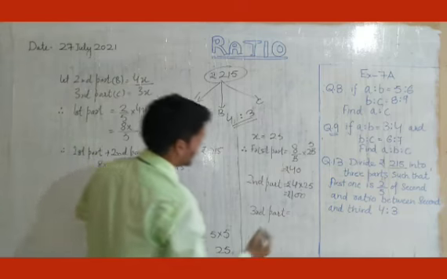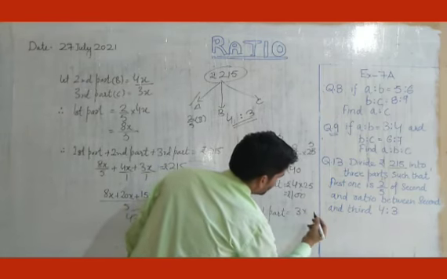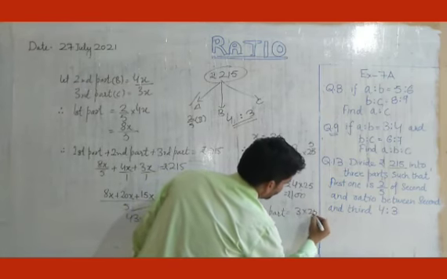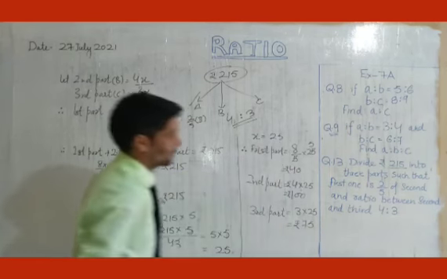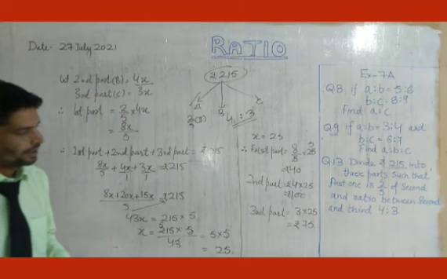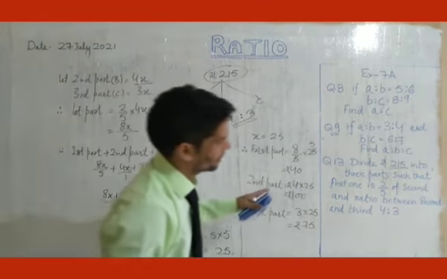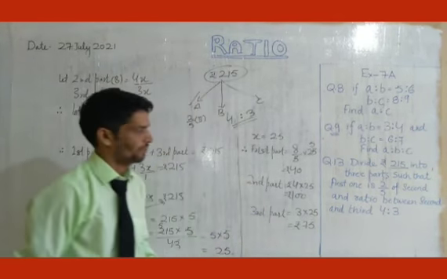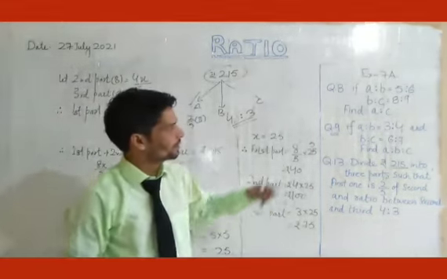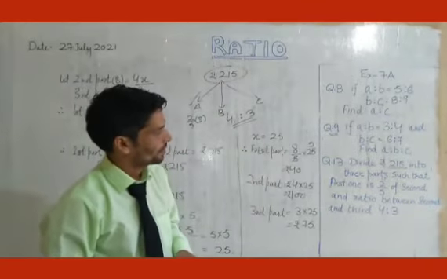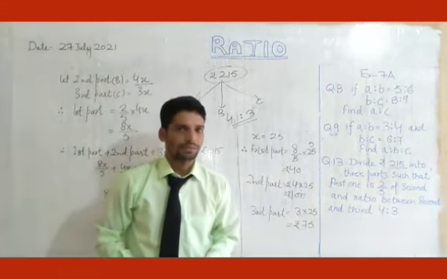Third part is 3x, 3 into 25, rupees 75 is the third part of this question. So today we studied question number 8, question number 9 and question number 13. Thank you.